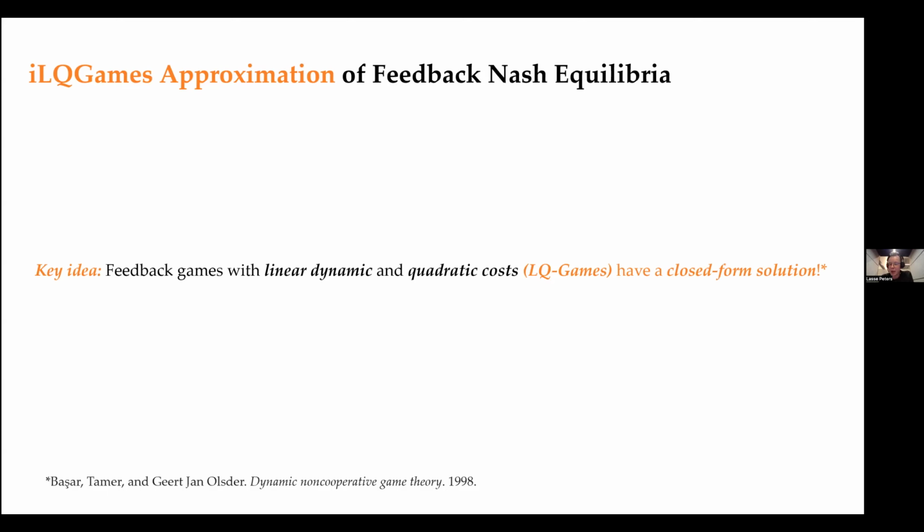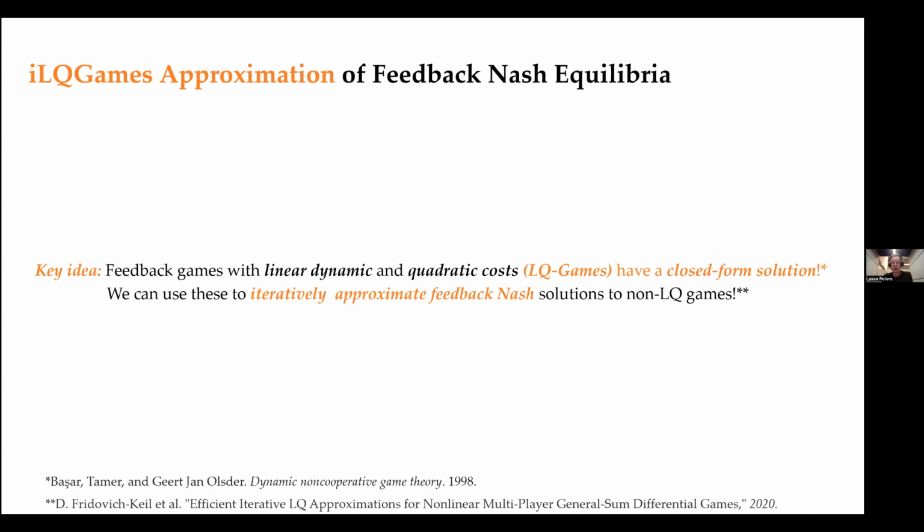For this LQ game, we have a closed form solution, which you can simply look up in Basar's book on dynamic non-cooperative game theory. And we can use this closed form solution to also construct approximate solutions for non-LQ games, so games with nonlinear dynamics and non-quadratic costs, by iteratively approximating the feedback Nash solutions in a scheme that's very similar to iterative LQR.